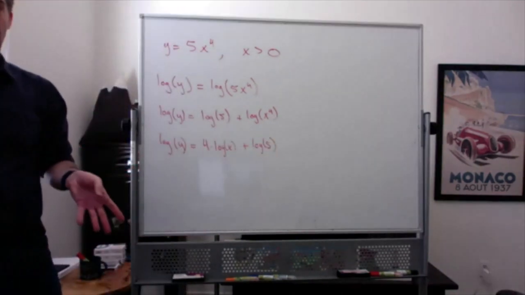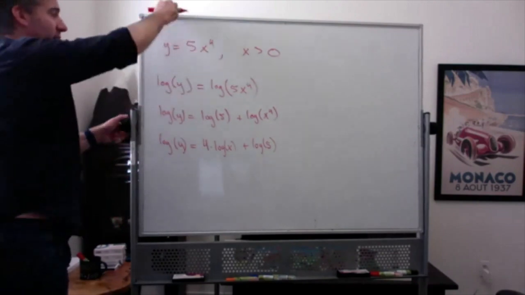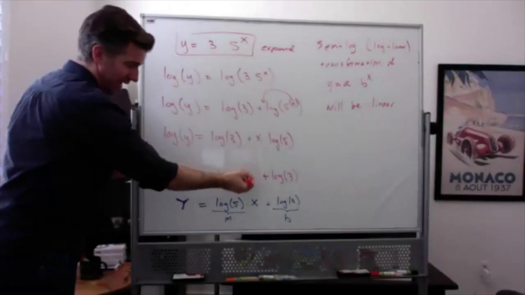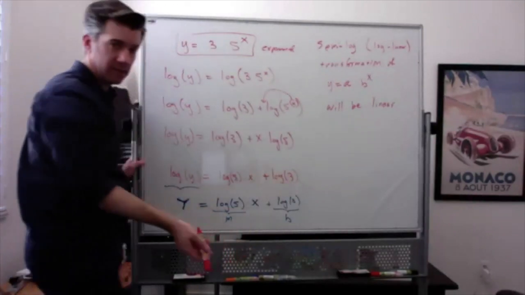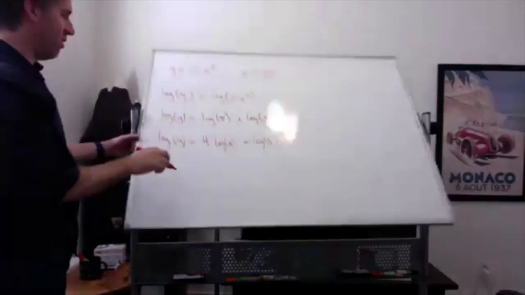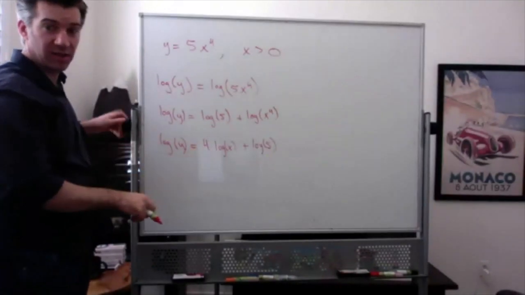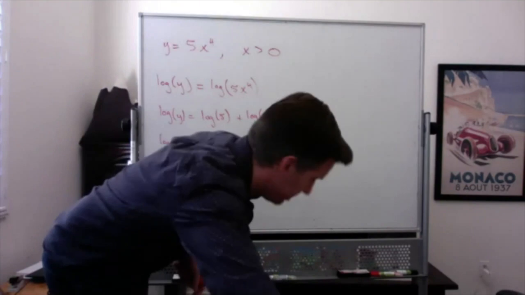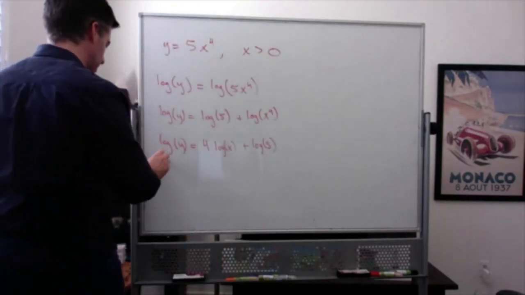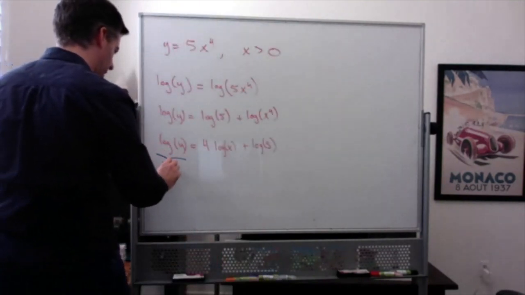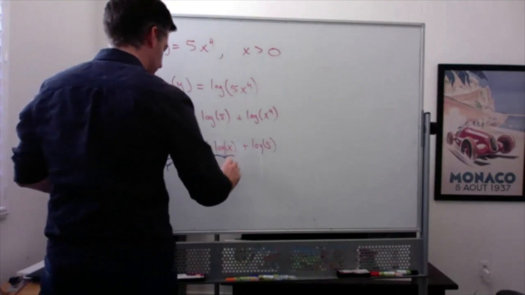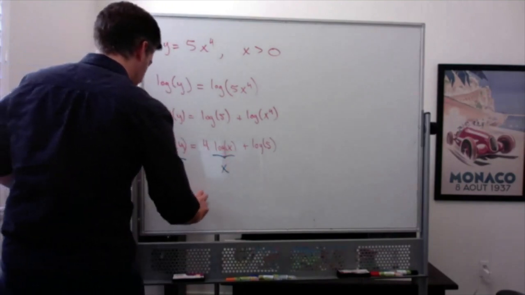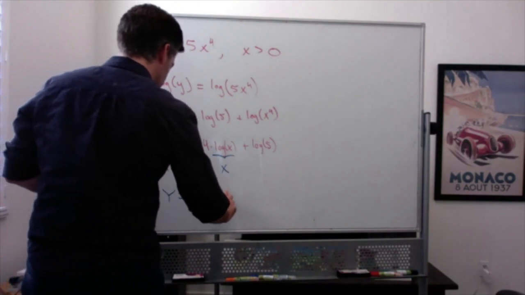Okay, so now, unlike last time, right? Last time we had log of y equal to something times just x plus some constant. Now we have a log of y and still a log of x. So both of those are going to get replaced. We're going to say that this is going to be capital Y. This is going to be capital X. So we've got Y equal to 4X plus log of 5.